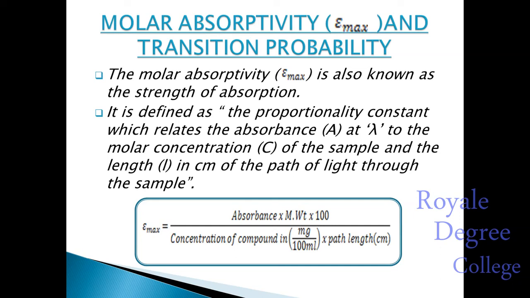The formula for molar absorptivity, epsilon max, is equal to absorbance into molecular weight into 100 divided by concentration of compound in milligrams per 100 ml into path length in centimeters.